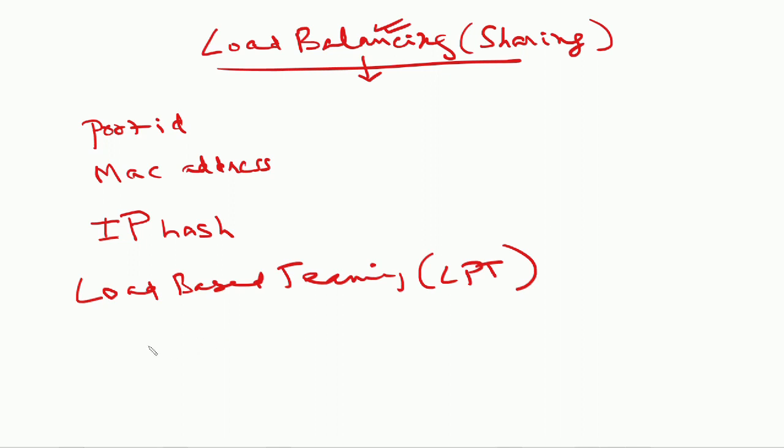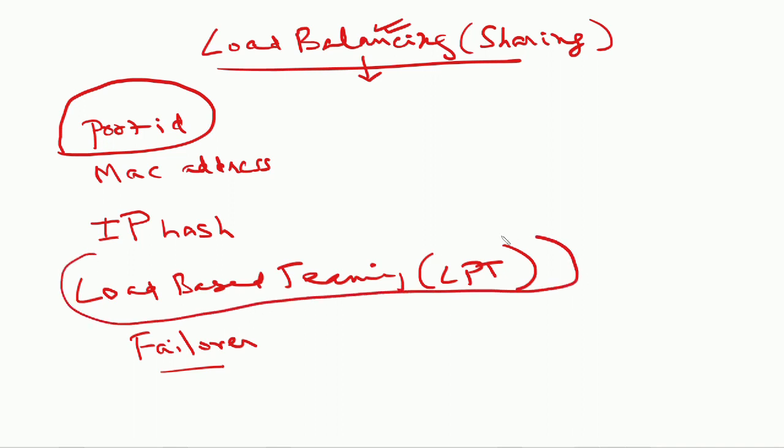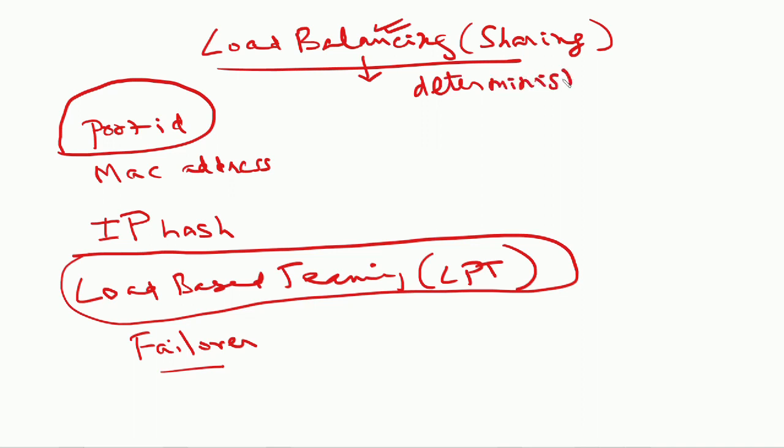And then you have failover and things like that, so we're not really considering some of those. The primary ones are port ID. IP hash was quite popular, but a lot of people use load-based teaming and then use port ID, to keep things as deterministic as possible, so you know what is happening at any given point in time in your design.